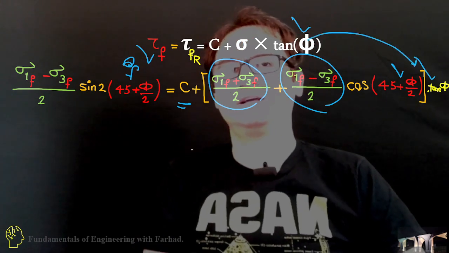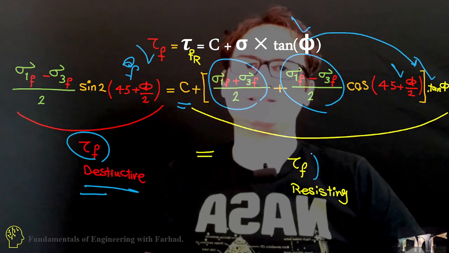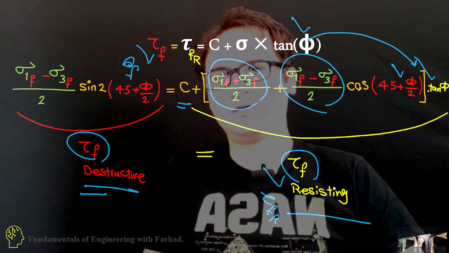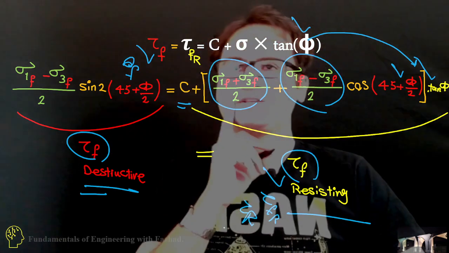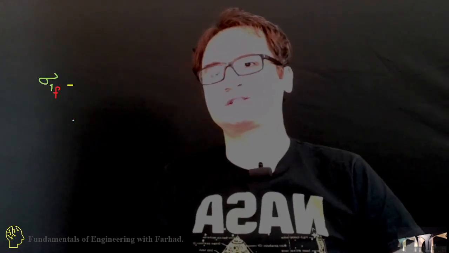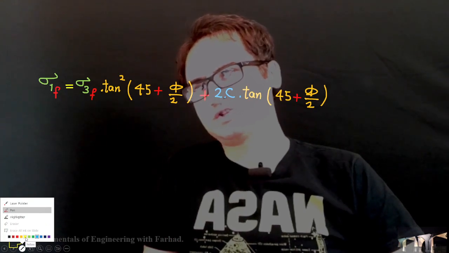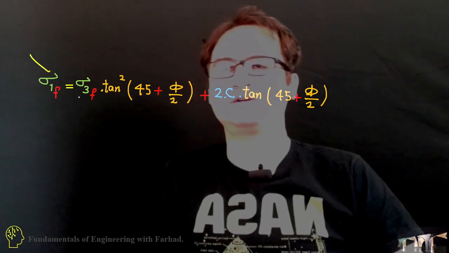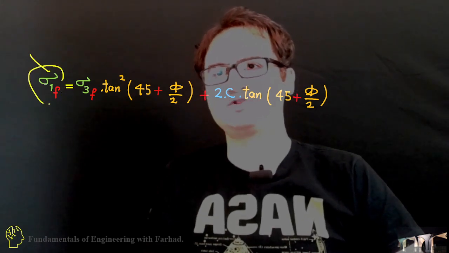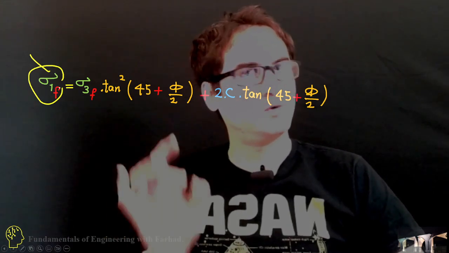This is nothing but tau failure, and this is nothing but tau resisting. When these two are equal, if you equalize these two equations, manipulate and rearrange, it gives you the major stress based on the minor one at the moment of failure.